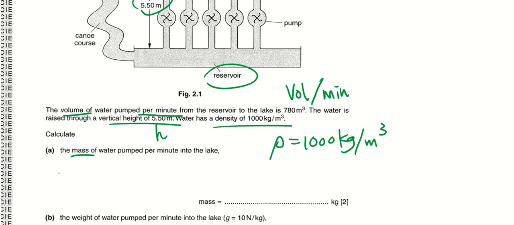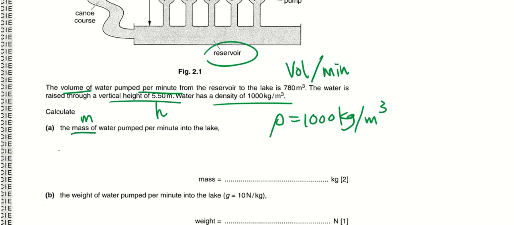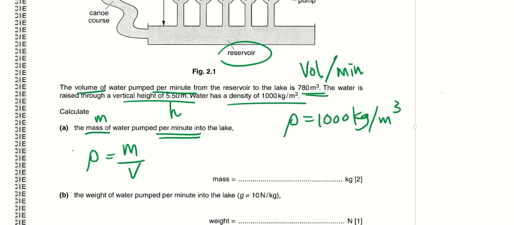Calculate the mass. Now mass, we give it the letter m. So what are the formulas that have mass, density and volume in them? Density equals mass per volume. Because they're asking us for the mass of water pumped per minute, and the volume pumped is 780 meter cube per minute, we don't really need to care about the per minute now.